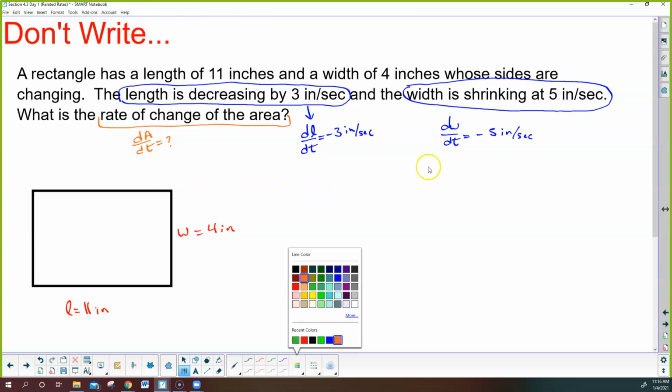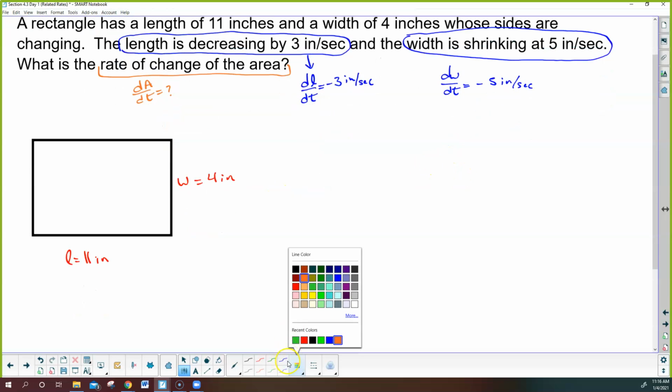All right, so here's what I like to do. I like to fit these things in my problem. So if I know the length, and I know the length is changing at negative 3 inches per second, and then I know the width, and I know the rate at which the width is changing, okay?